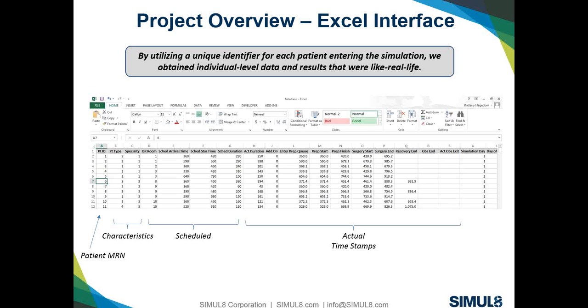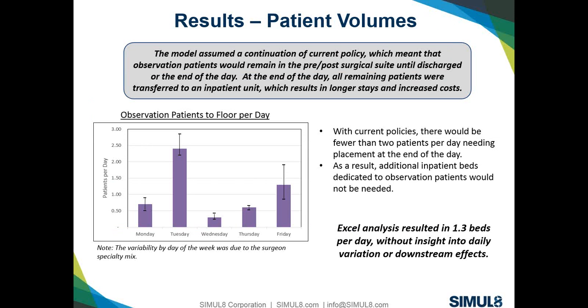So what you see here, this is just a screenshot, an example of the data that we pulled, but you see the patient identifier, which in historical data would be your MRN or other identifier, your patient type and their specialty, their OR room, and then you have 3 fields there that are your scheduled start and stop times, your durations, and then you also have your actual durations and start and stop times for each step in the process. And so then we can compare that and we can do some fun things with that.